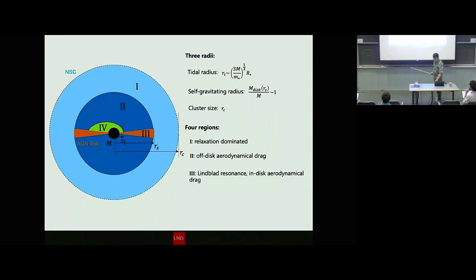In region 3, we have a bunch of stars fully embedded in the accretion disk, and the dynamics would be completely different from region 2. The most important region is region 4, which I'm going to talk about today. I will tell you that in this region, a lot of stars will be delivered to the vicinity of the supermassive black hole on a very short time scale. I will go through these 4 regions one by one.